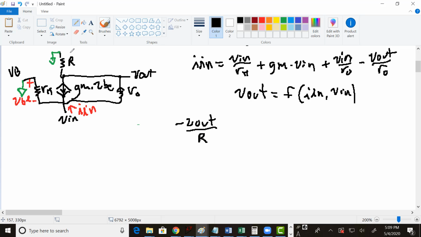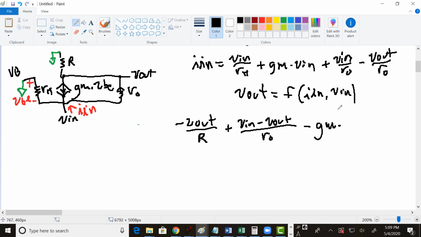It goes from 0 to V out. So 0 minus V out is negative V out over R. And then I have plus V in minus V out over RO. And then we have negative GM VBE.